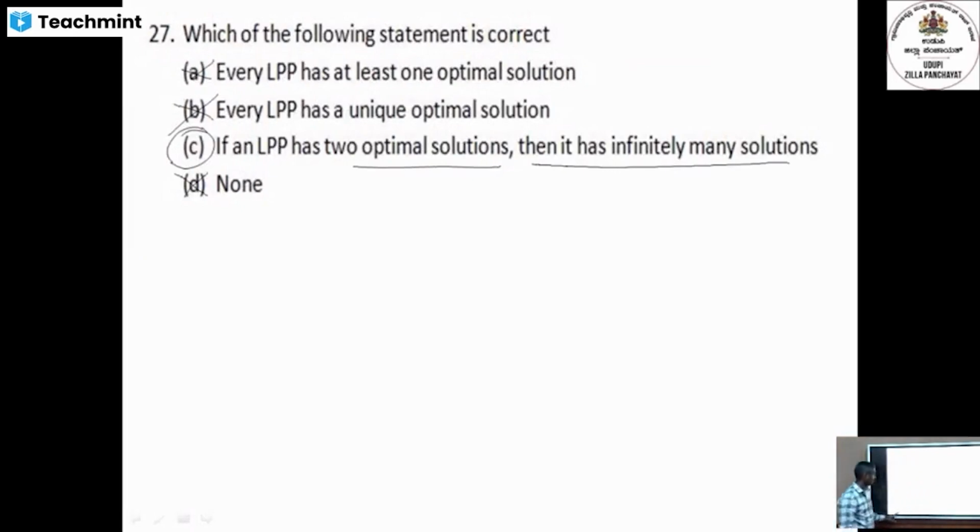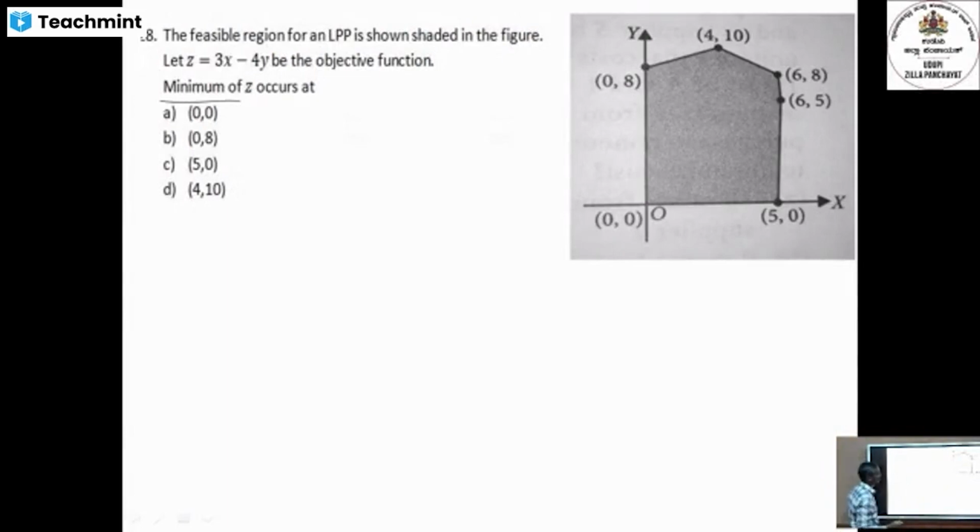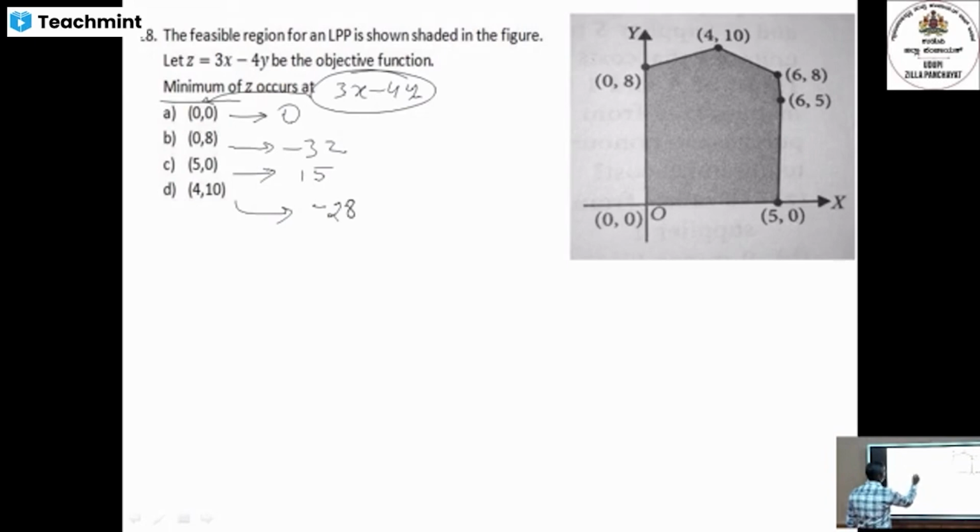Now the 20th problem: the feasible region has this particular shape, what is the minimum value? Where does the minimum occur? Let us substitute 3x minus 4y at each and every point. When you put (0, 0), it gives 0. (0, 8) gives minus 32. (5, 0) gives you 15. (4, 10) is 12 minus 40, that will be minus 28. So what is the minimum here?